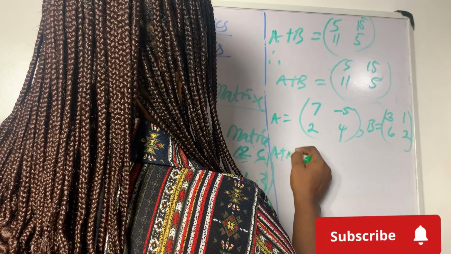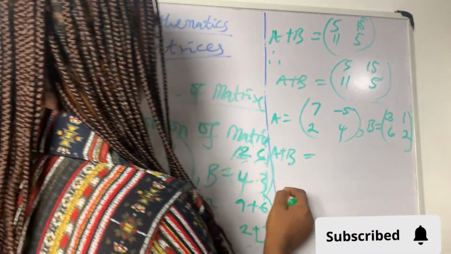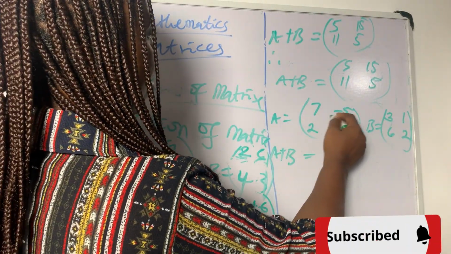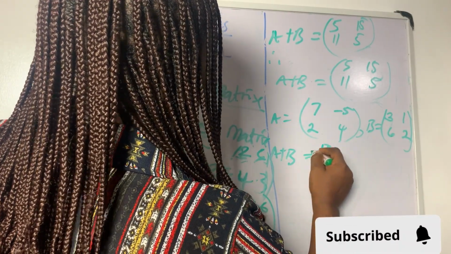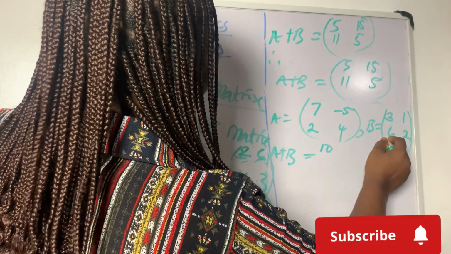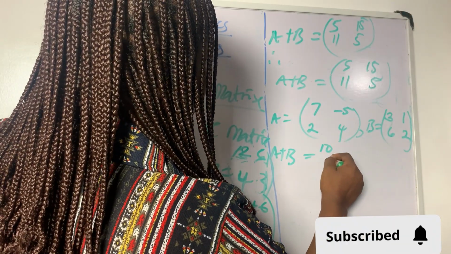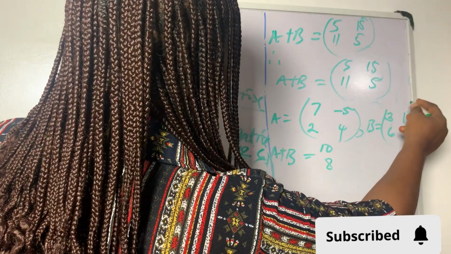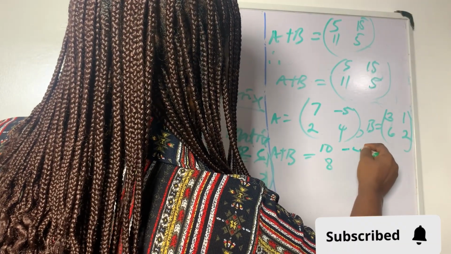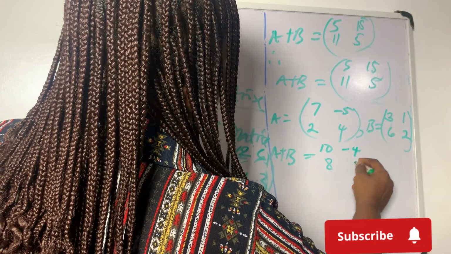Therefore, A plus B, just as we did in the first example, 7 plus 3 is what? 10. 2 plus 6 is 8. And we have here minus 5 plus 1 is minus 4. 4 plus 2 is 6.